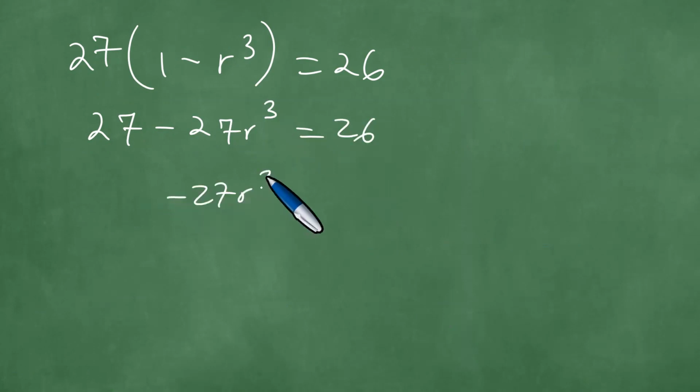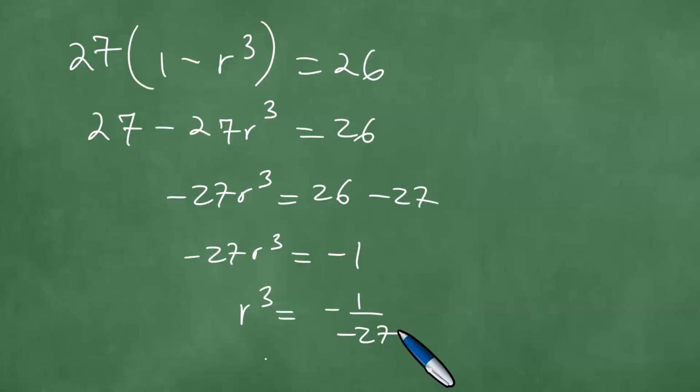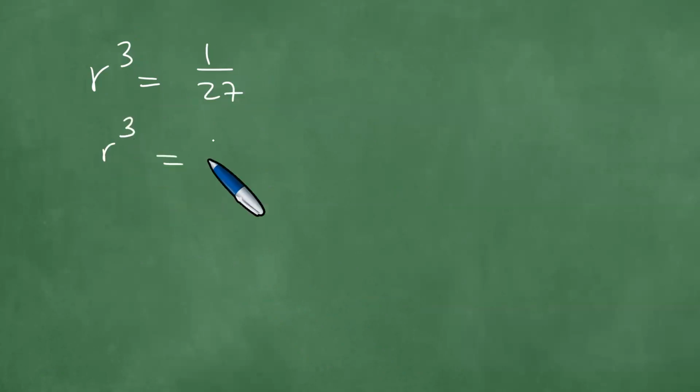Minus 27 R cubed equals 26 minus 27. What is 26 minus 27? It's minus 1. So at this point R cubed, you divide by minus 27, and this gives us R cubed equals 1 over 27, which means that R cubed is 1 over 3 cubed.